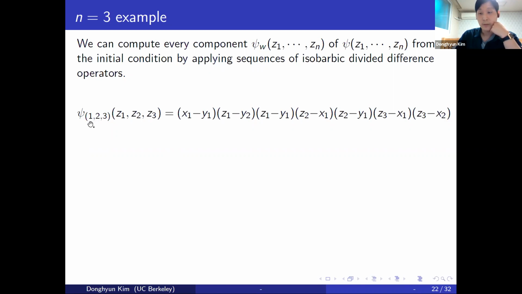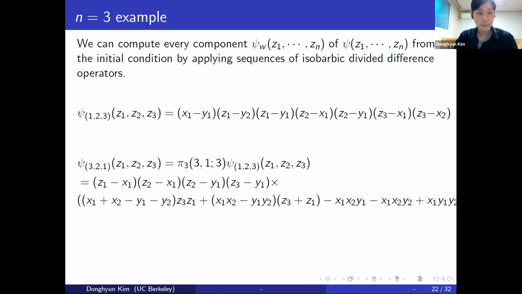But remember, we are on the circle. So 3 and 1 are neighboring, and we apply the isobaric divided difference operator there. So swapping 3 and 1, we get psi of 3 2 1, z by applying the isobaric divided difference operator to the initial condition.